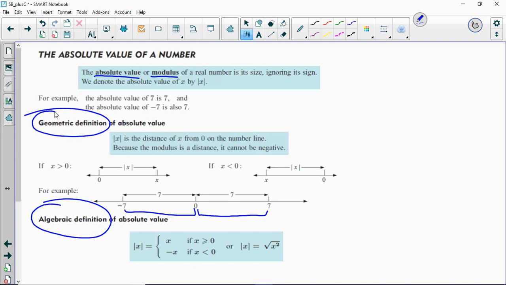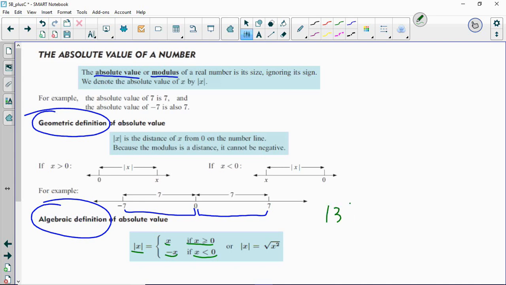An algebraic definition says that the absolute value of a particular number x is equal to that exact same number if the number happens to be greater than or equal to 0, and it is equal to the opposite of that number if x is less than 0. Let's throw two numbers in there just to make sure that makes sense.